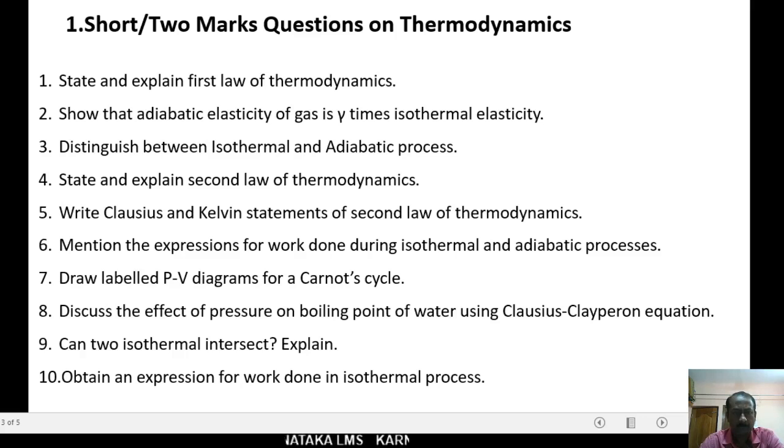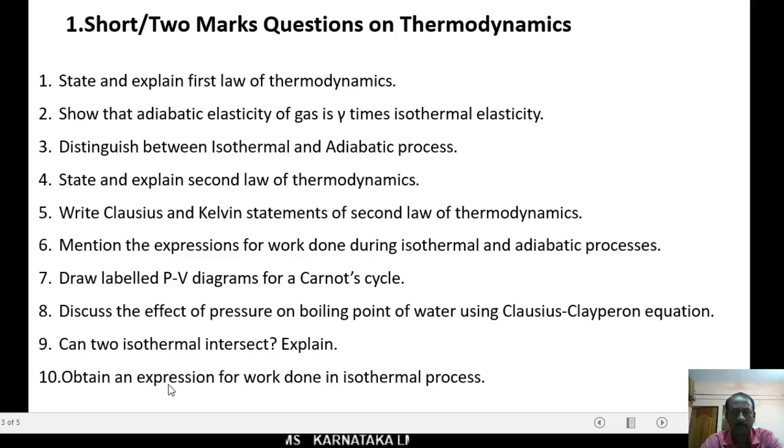In that video, I discussed boiling point and melting point. Just write down the effect of pressure on the boiling point of water with an example. That carries 2 marks. Next question is can two isothermals intersect? Explain. You write yes or no. That carries 1 mark, and explain it.